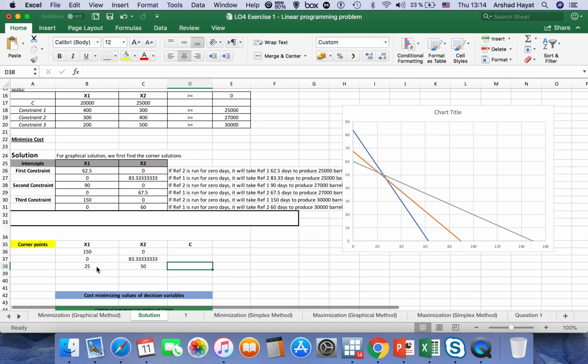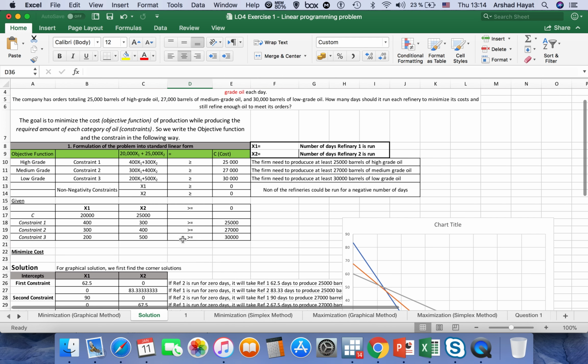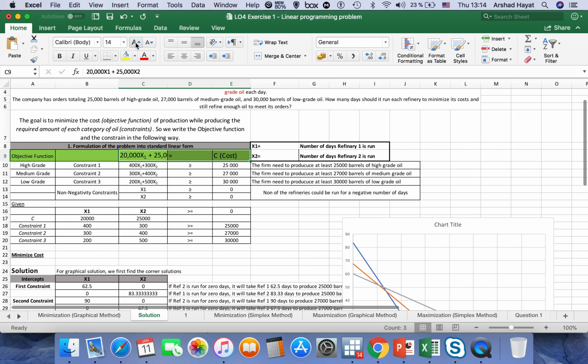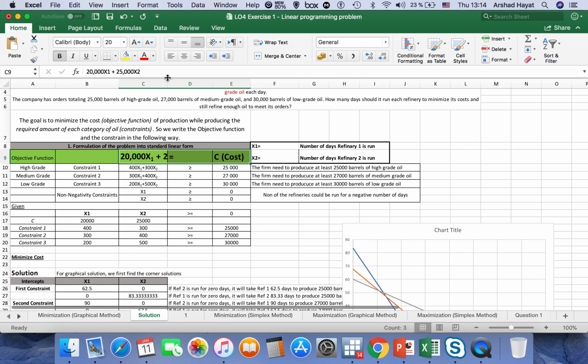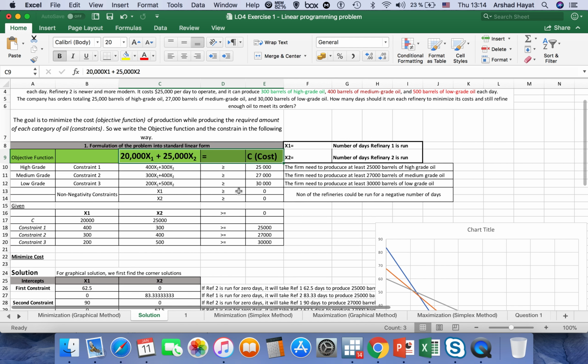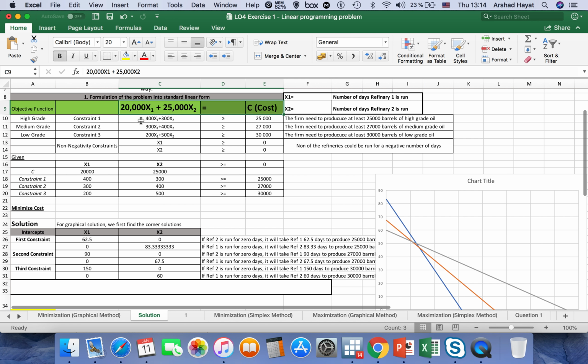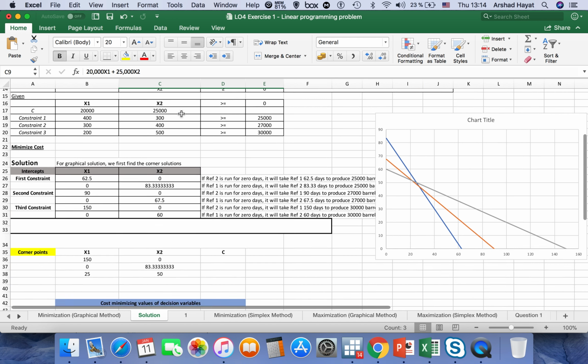Very good. These are x1 and x2, and we need to find the cost with this. So how does the cost work? We know that the objective cost function is like this. The cost function is 20,000 multiplied by x1 plus 25,000 multiplied by x2.